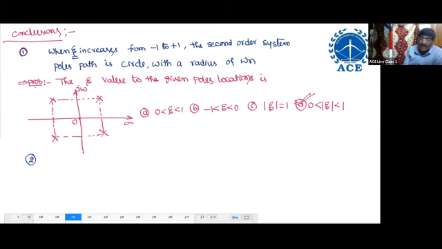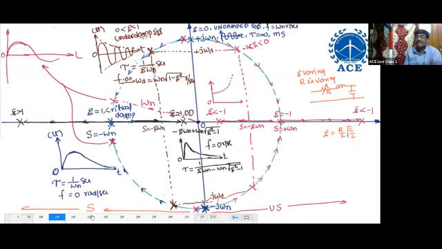Give at least one conclusion by looking at this. What is the second conclusion?